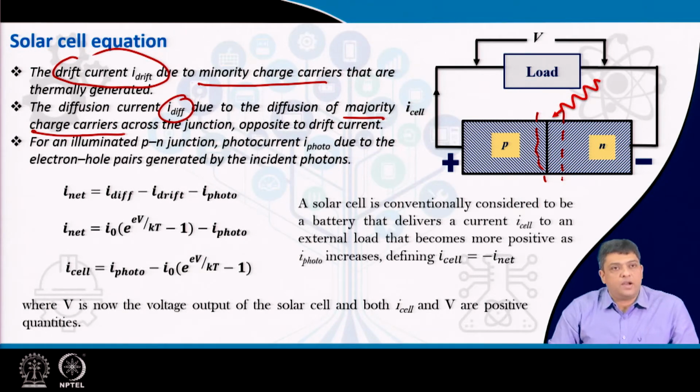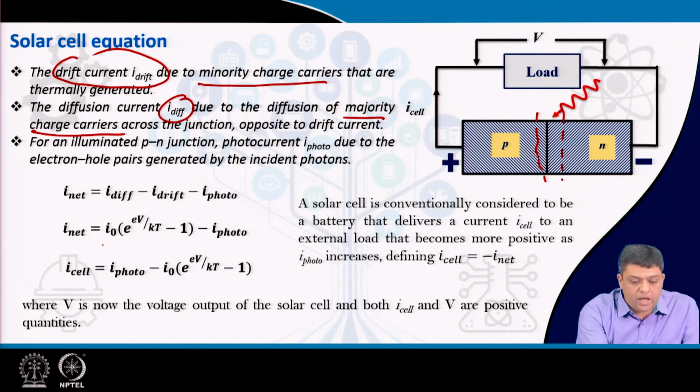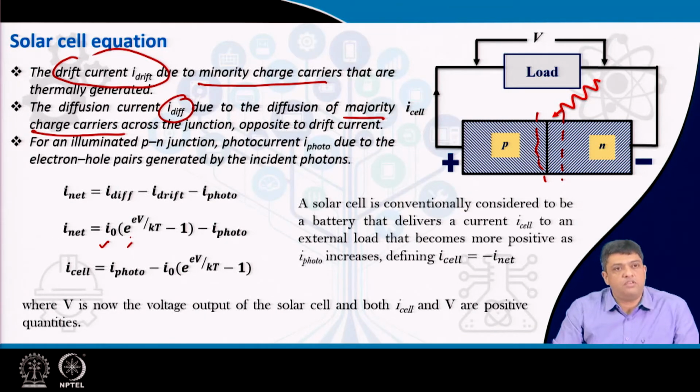So, you can calculate the net current, which is equal to I diffusion minus I drift minus I photo. Knowing the values of I diffusion and I drift, which were written in the earlier lectures, we can write I net is equal to I 0 (e raised to the power of eV by kT minus 1) minus I photo.